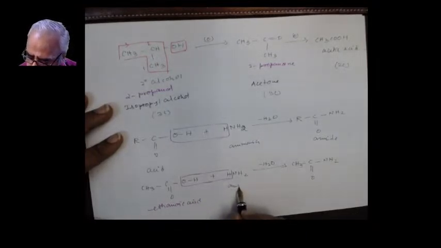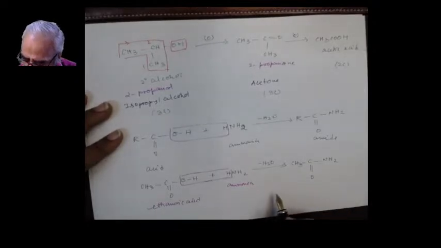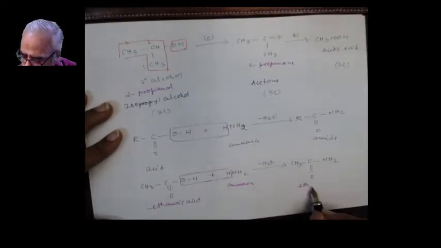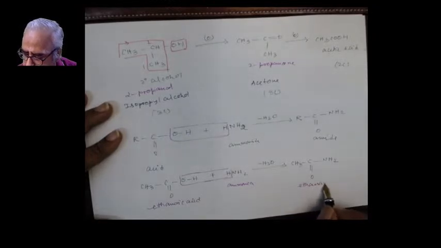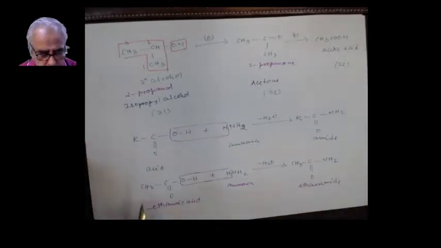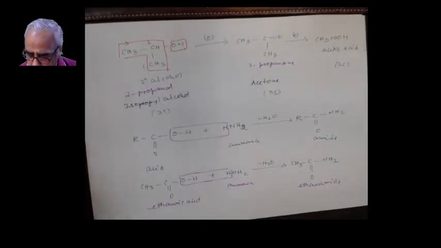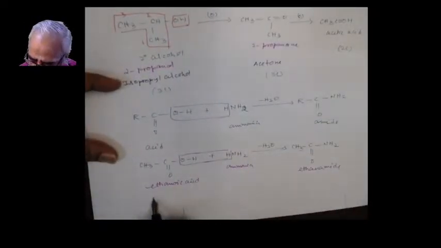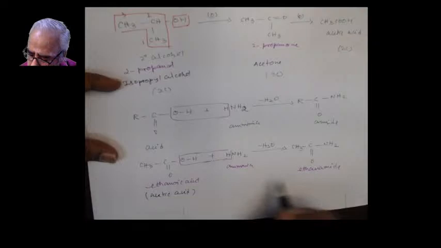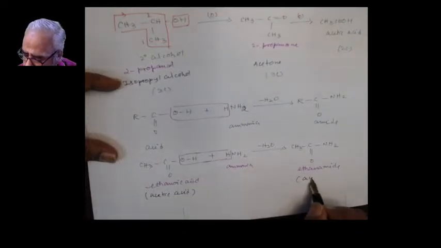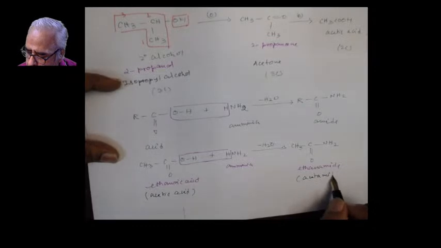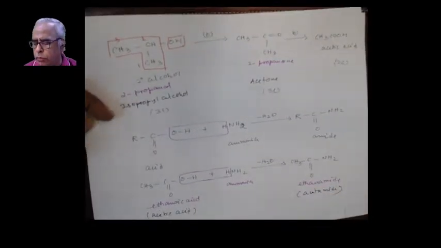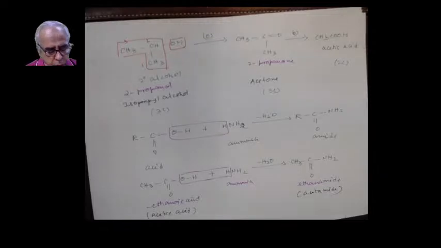This is ammonia. So you are able to get ethanamide. Are you able to follow? This is the IUPAC name, ethanamide. Otherwise it can be called by the trivial name, acetamide. Are you able to follow? So this is regarding the formation of amide.